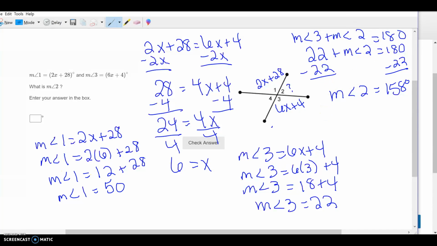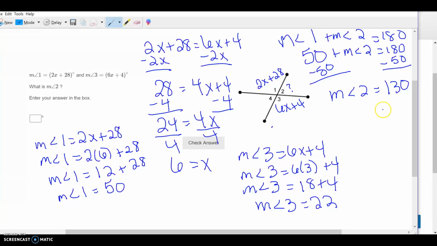Okay. So the measure of angle 1 plus measure of angle 2, that's true. So it's saying that's 50. Subtract 50 from both sides. And we get the measure of angle 2 is 130. Now let's see if that's right.